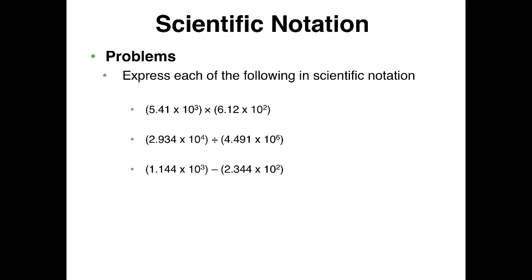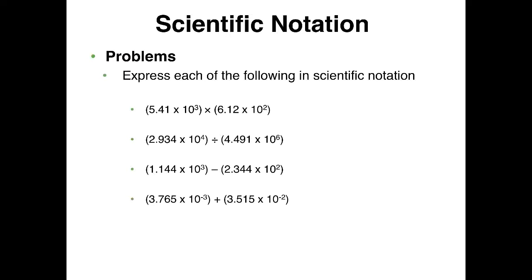And I'm just going to change the first one here. 1.144 times 10 to the third is the same as 11.44 times 10 to the 2. Then you subtract 2.344 from that, and you get 9.096, and that would be times 10 to the 2.